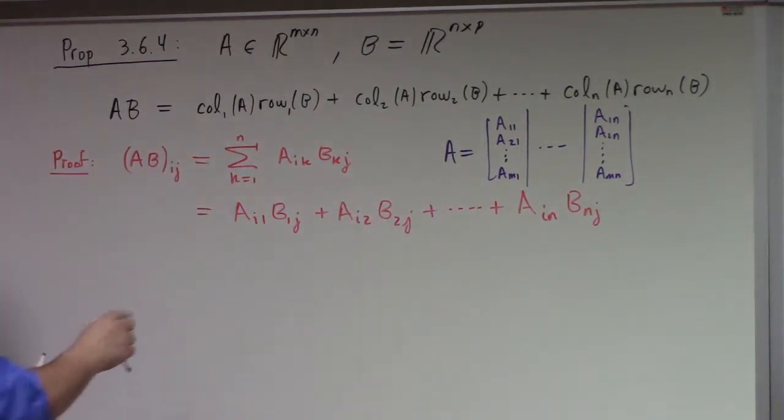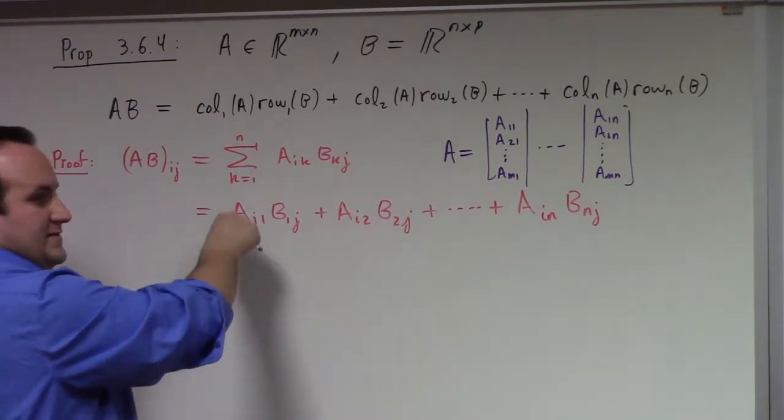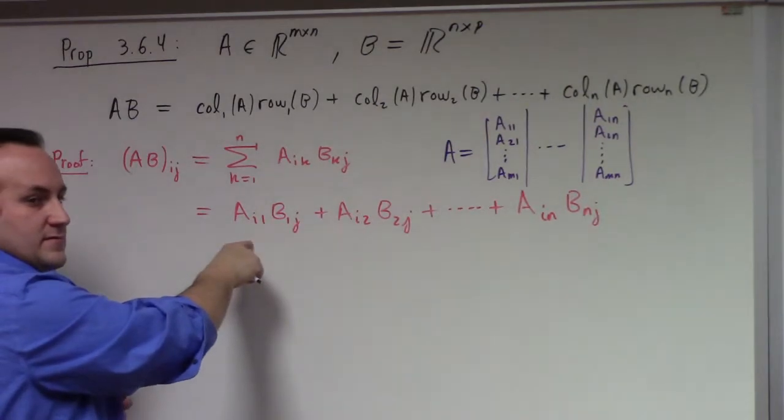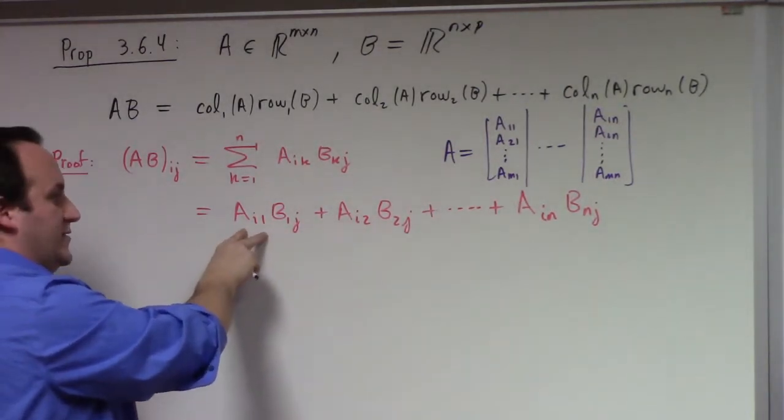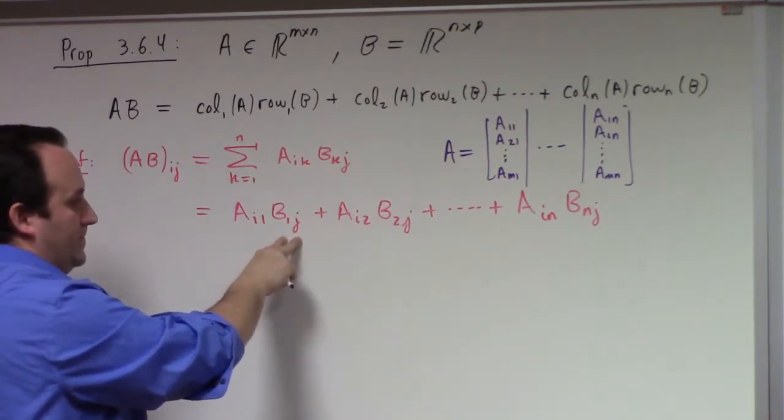So as I look at A_i1, what am I looking at? That's column 1, so this is the ith component of column 1, times what?